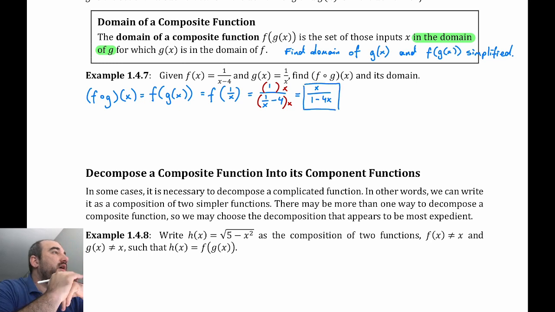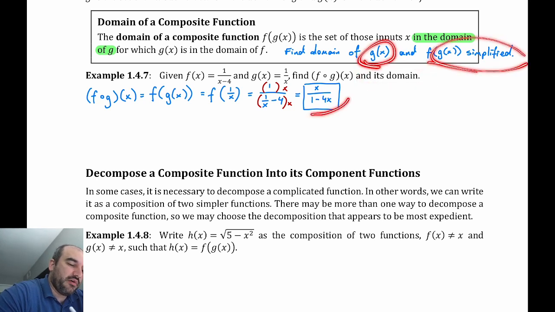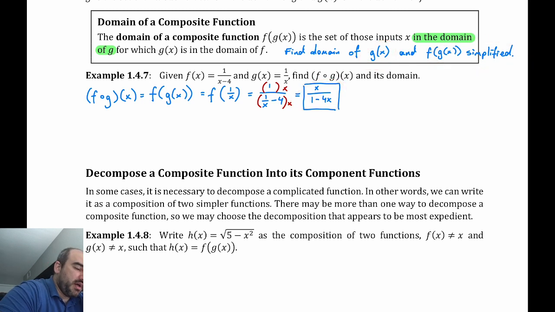And that is our composition simplified. And then, like I said, we're going to find the domain by finding the domain of g and finding the domain of this simplified composition separately.